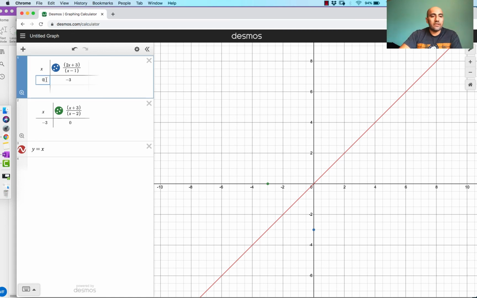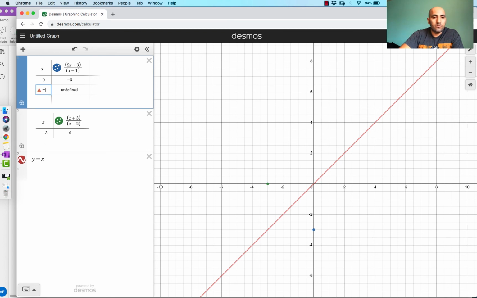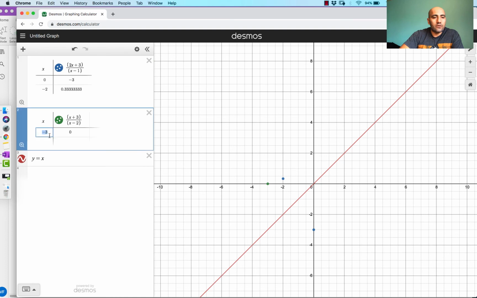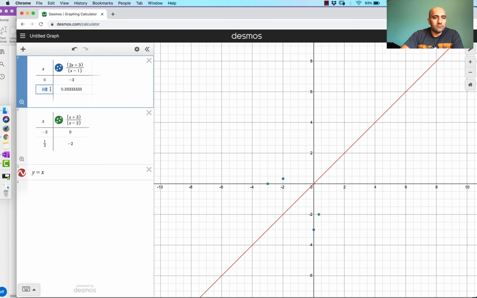See that the pattern continues. How about for negative 2? Negative 2 leads to 0.333. Okay, that's 1/3. So let's put 1/3 over here. 1/3 leads to negative 2. Okay, so I have a couple more points. How about negative 1?